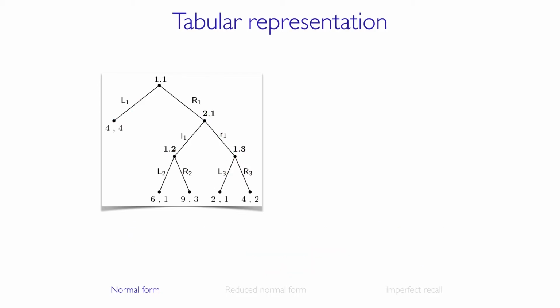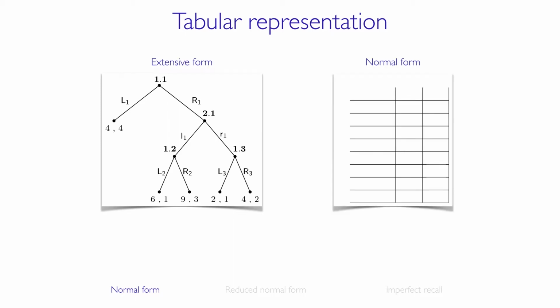Starting from the notion of plan, we can define the normal form representation of an extensive form game. This representation has the classical normal form, a tabular representation, in which the number of players is the same as that of the extensive form. The actions of the players are their plans. In the case of player 1, the plans are uppercase L1, uppercase L2, uppercase L3, and so on.